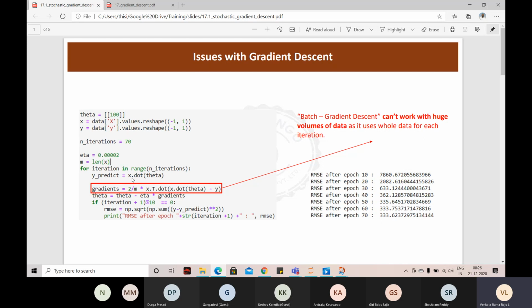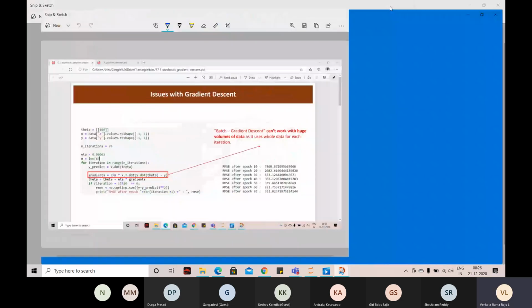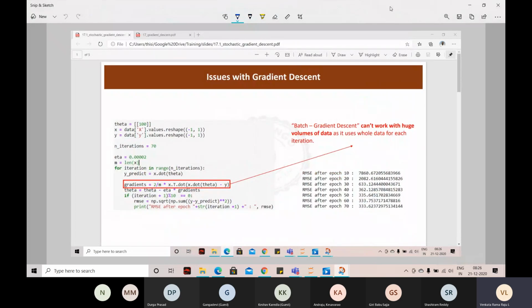And y_predict is equal to X dot theta, I did. Did you guys understand this statement? It's a dot matrix operation. What is X here? A NumPy array.